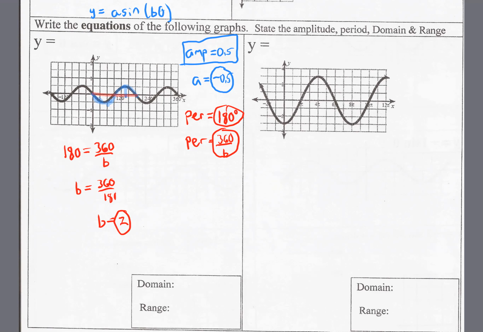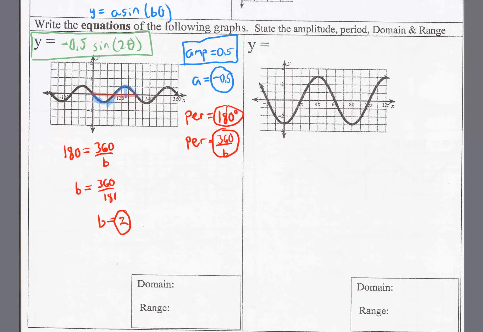So now I have everything I need to write my equation. Then I'll put in my domain and my range. So y equals, when I plug into the formula at the top, negative 0.5 sine, and my B is 2, so 2 theta. And you can check this on the graphing calculator.